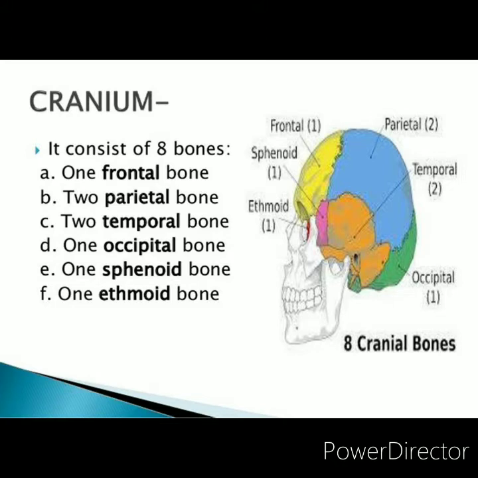There you can find the frontal bone, and the yellow colored region in the picture indicates the frontal bone. The next is two parietal bones. You can find the parietal bone after the frontal bone, parallel to it. We have two, left and right.